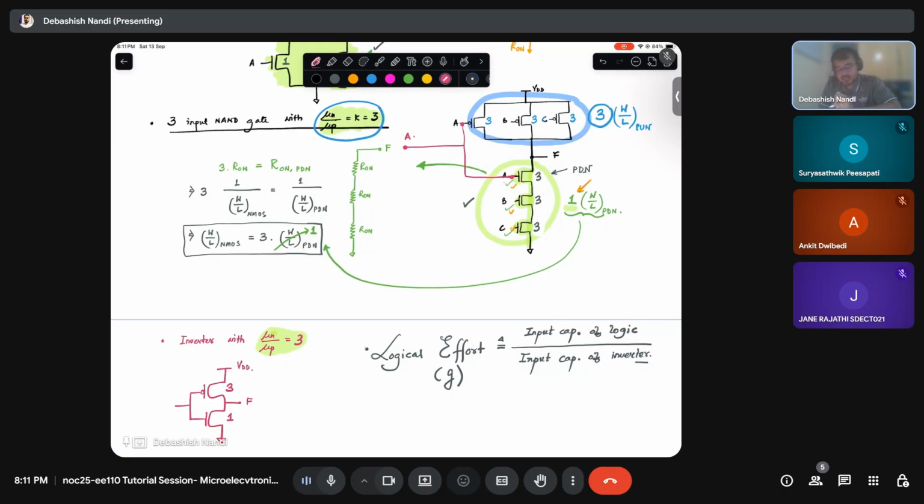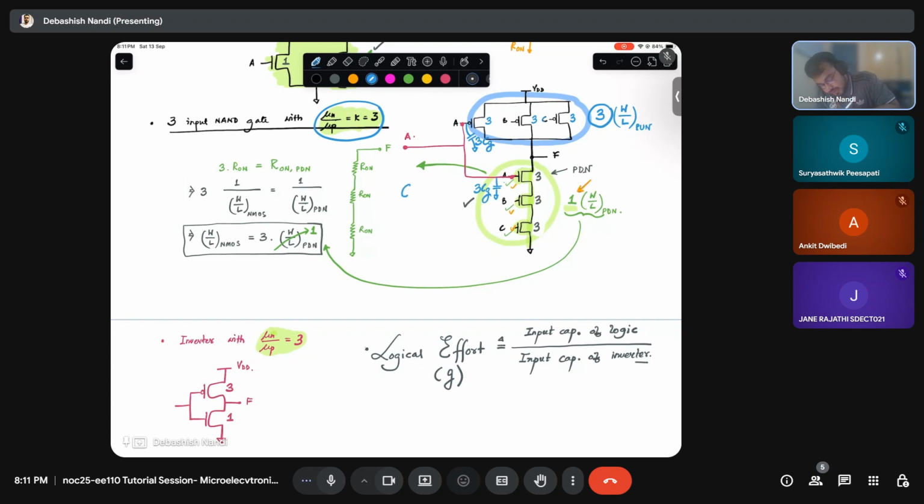What is the capacitance at this node? As the size is 3, we can simply write it as 3 Cg, where the unit gate capacitance is Cg. Similarly, for NMOS also I will have 3 Cg.